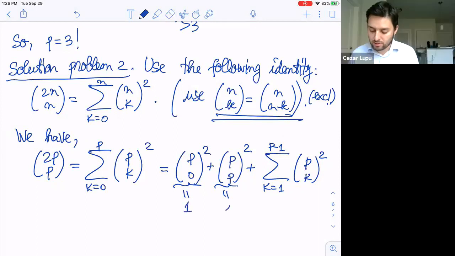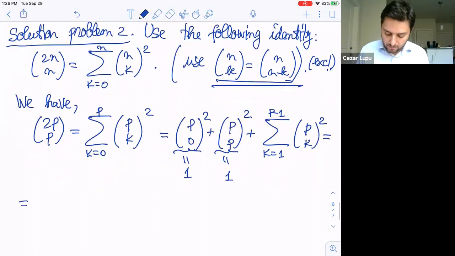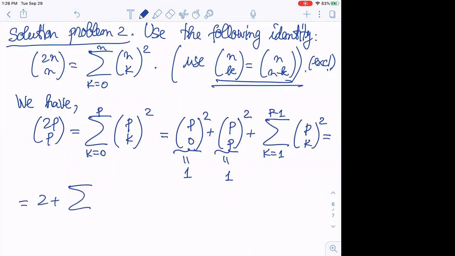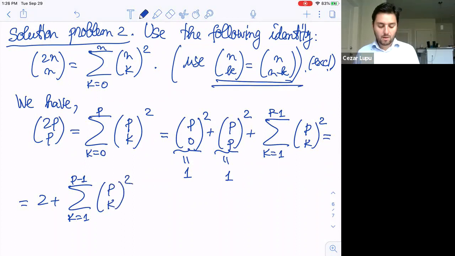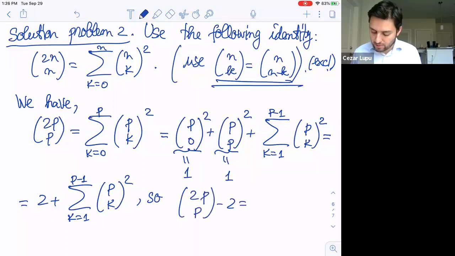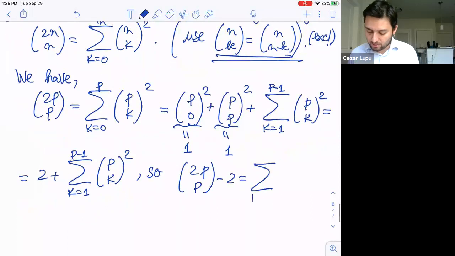And also this guy is 1 as well. So this will be nothing else than just 2 plus the sum from k equals 1 to p minus 1 of p choose k squared. And now, well, so this guy, 2p choose p minus 2, is nothing else than just the sum from k equals 1 to p minus 1 of p choose k squared.